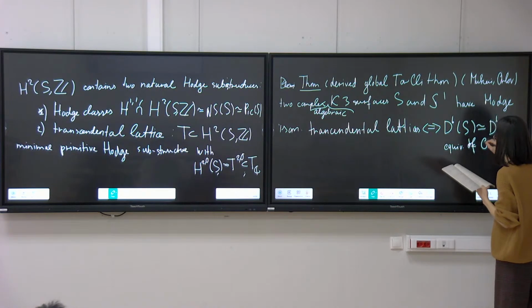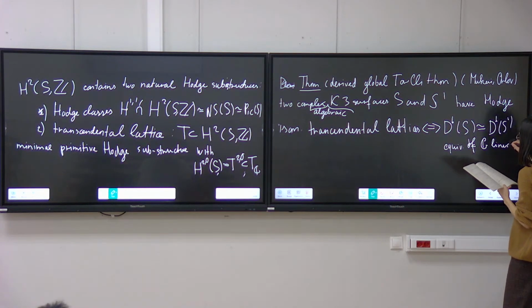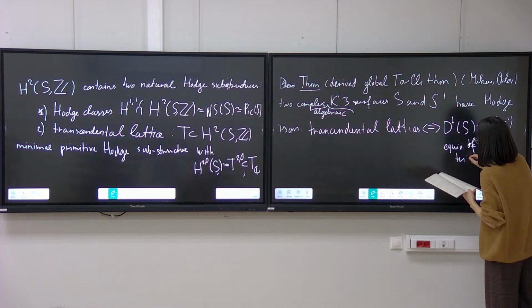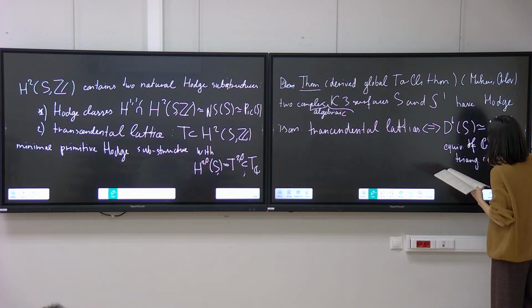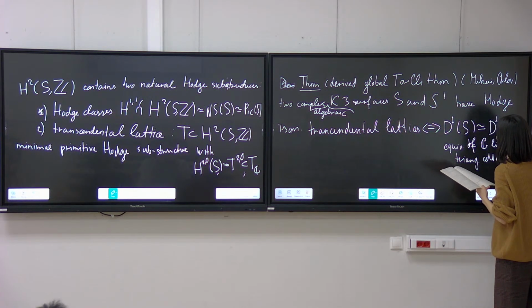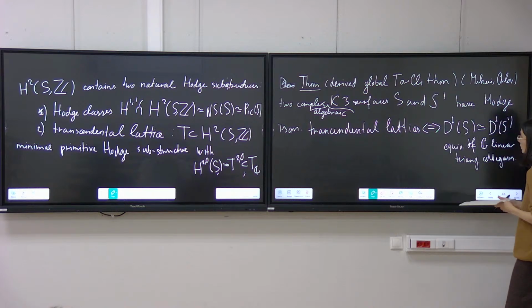Equivalence of C-linear triangulated categories. So let me give some comments here about this statement.